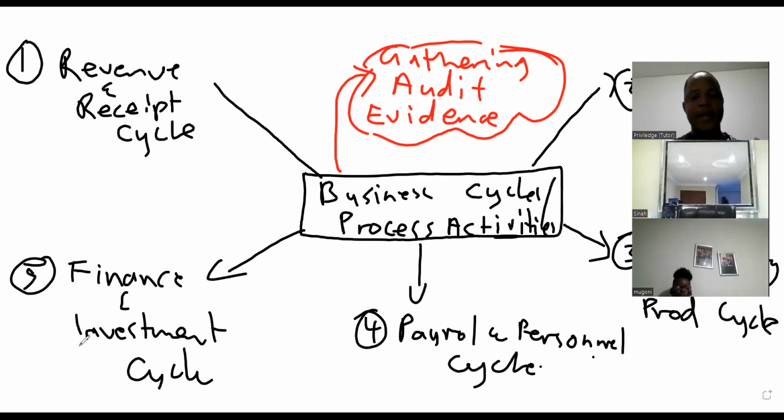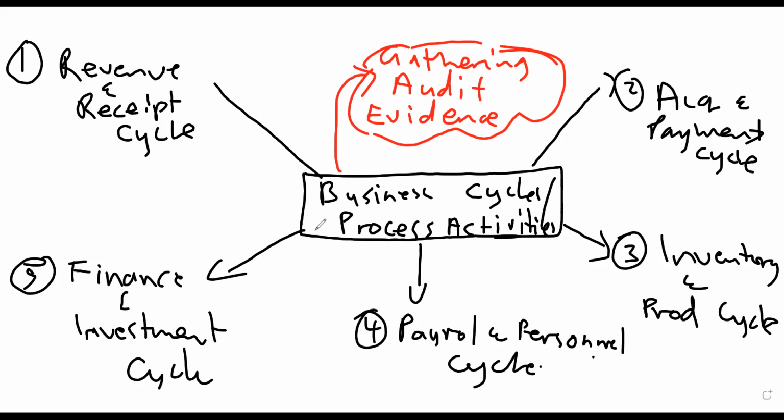Then we have got finance and investments business cycle. With the finance and investments business cycle, this is where I would introduce you to the next aspect in our module outline, which is bank and cash. So your knowledge of bank reconciliation also becomes handy when we begin to look at that.